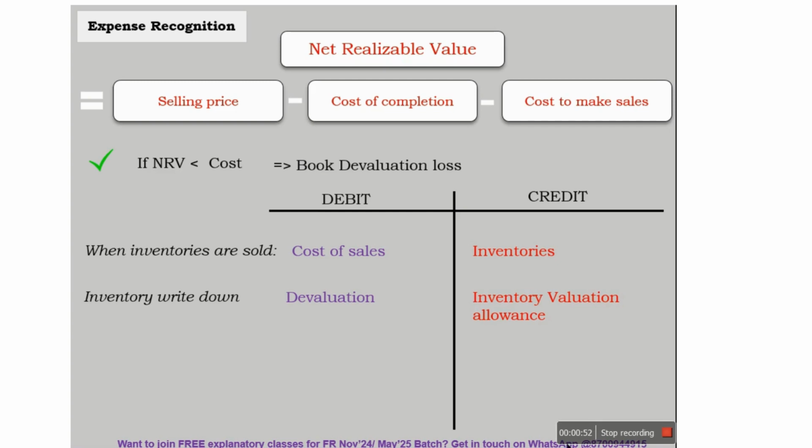We need to evaluate inventory at regular intervals, and in case NRV is greater than the cost, then we need to reverse the devaluation loss we have booked in respect of that inventory. In that case, the reversal entry will be passed, inventory valuation allowance will be debited, and the devaluation we booked earlier will be reversed.